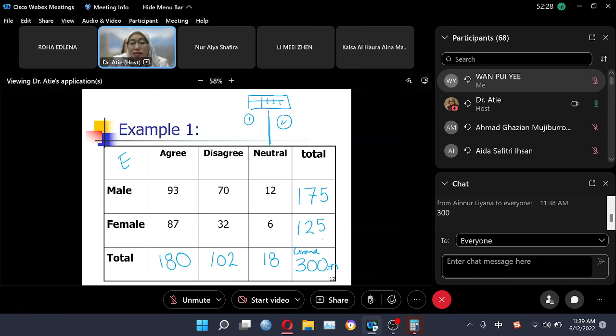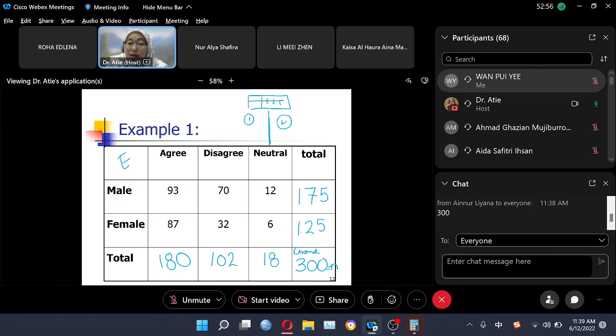We can see that in this survey, 175 males and 125 females were involved in the survey. And we can also say that most of them have the level of agreement, because 180 of the respondents say they agree.